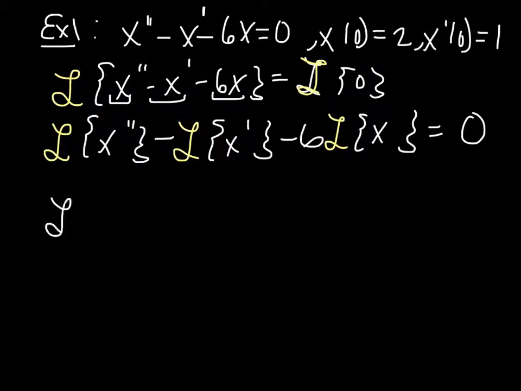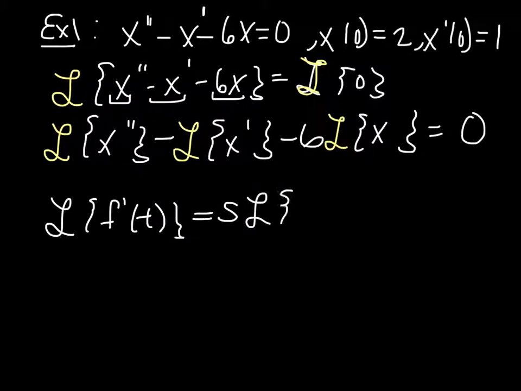So we have the Laplace transform of f prime of t, right? It's a function of t where we have x, so I'm going to use capital X or chi. Let me just go ahead and write that down though. Equals, okay, so this is really s times the Laplace transform of f of t minus f of 0, right?